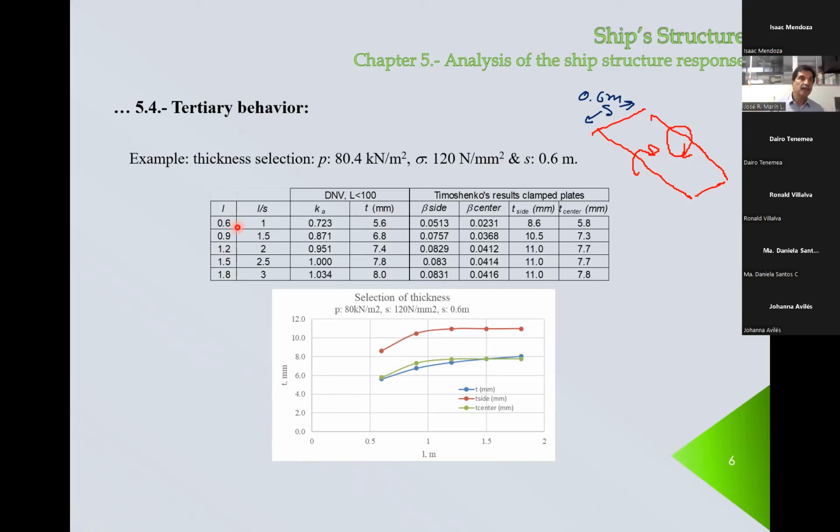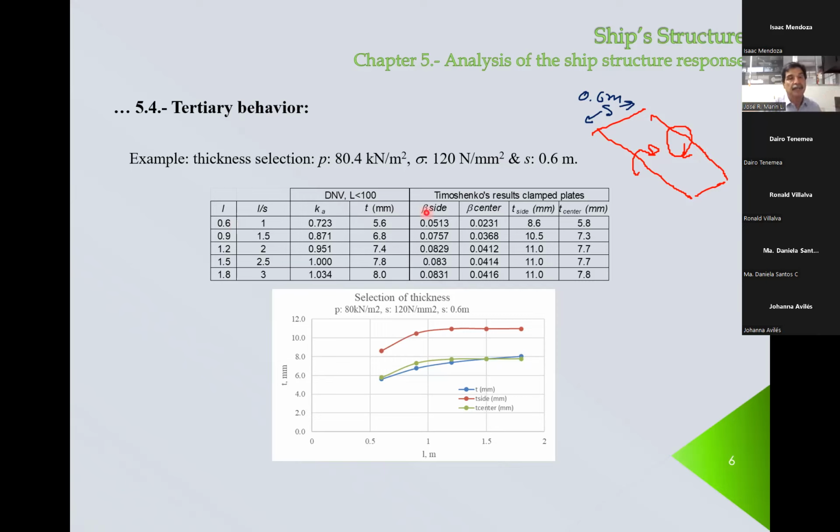So you could say I could employ very close stiffeners, but the problem is that you require more welding. That would imply more money for the welders. And also, remember that every time you weld, the plates get distorted. So you have to get an equilibrium between these two ends.